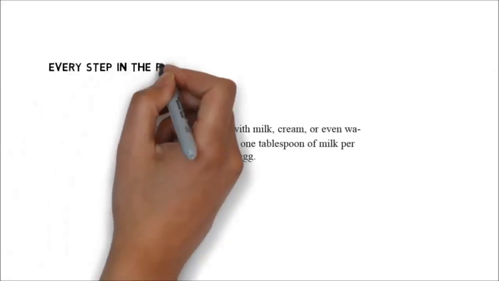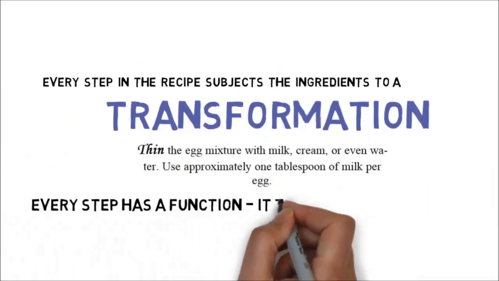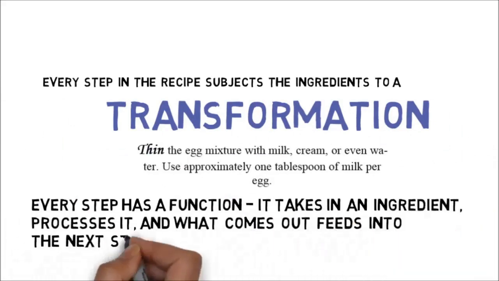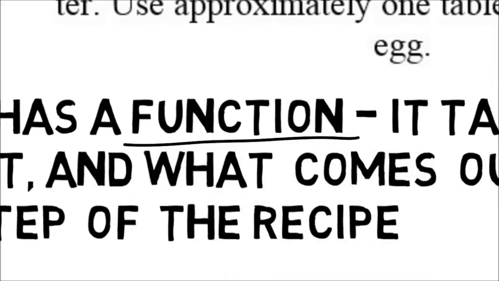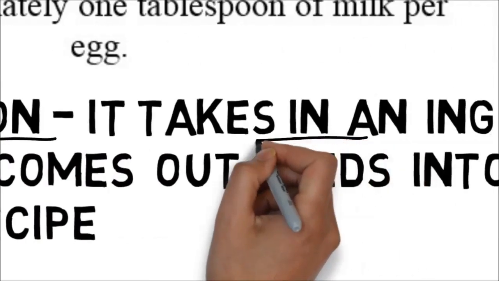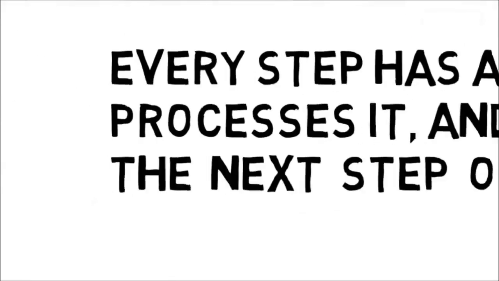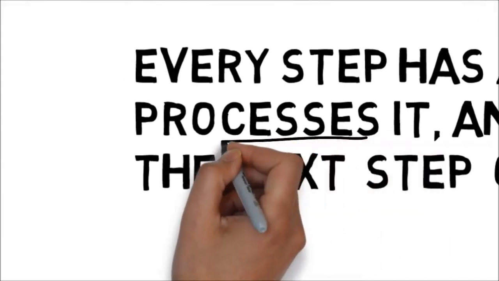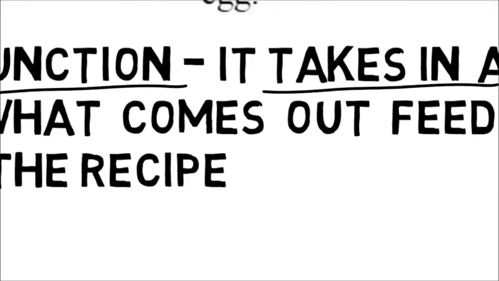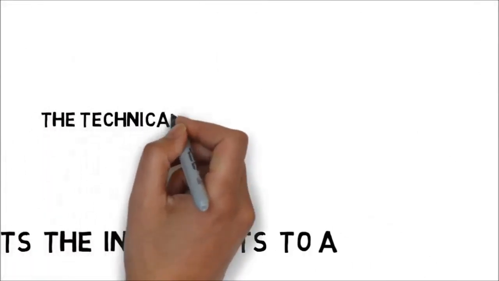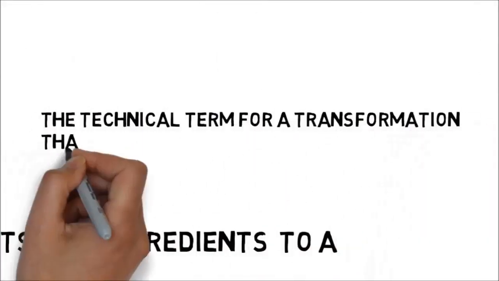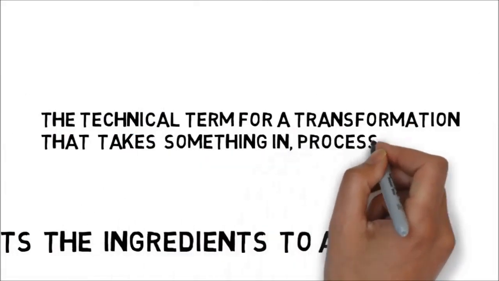Now, if you think about it, every step in a recipe subjects the ingredients to some transformation. Every step has some function. It takes in an ingredient, processes it, and then what comes out of that step feeds into the next step of the recipe. Now, there's a technical term for something which takes some stuff in, applies a transformation to process the input, and outputs something.